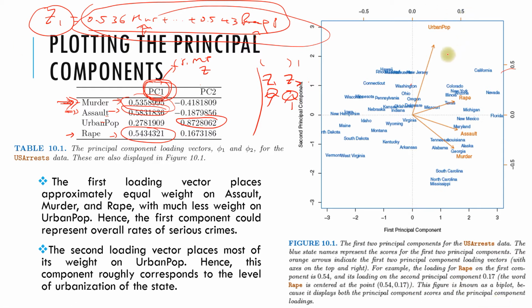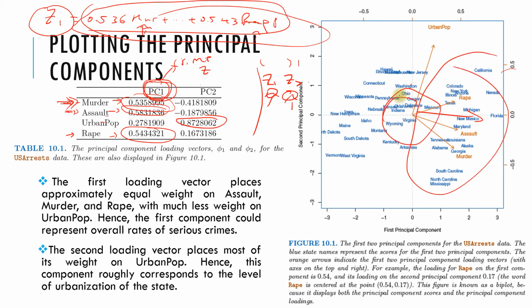So here, California, for example, shows a relatively high level of urbanization, given it is relatively high on that scale, all right? And all the others that are on the right of that scale, on the positive side, show a high crime rate overall, all right?